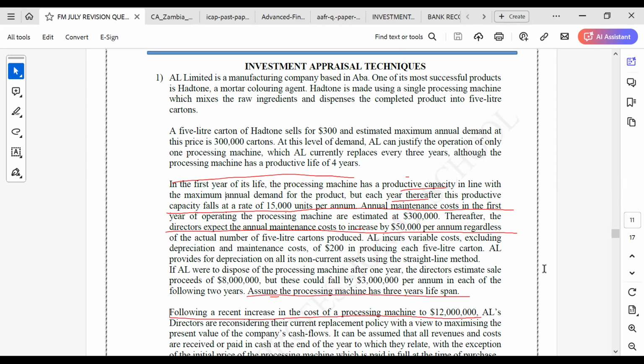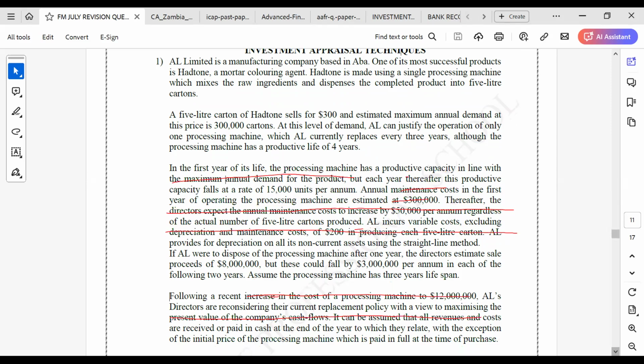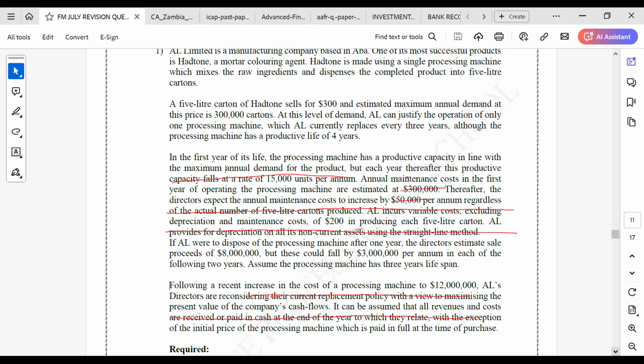All right, we need to buy the machine before we can use it, but since there is no amount or no information given on that, it means that we have to buy the machine now at the 12 million.